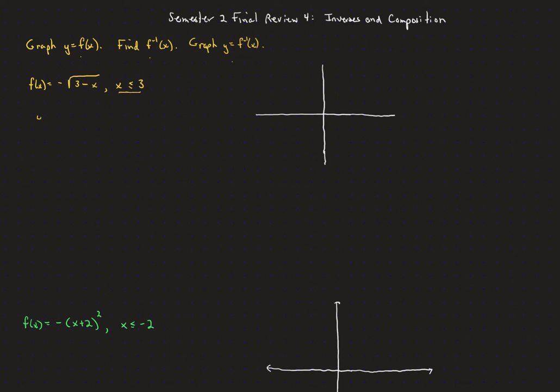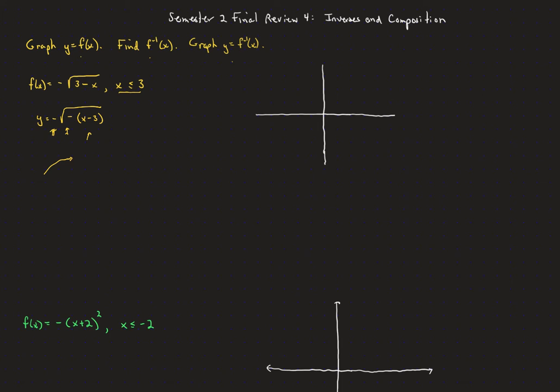To graph this, it might help to factor that negative out, still inside the radical, but out of the 3 minus x. Now we can see that we have a double reflection and a translation 3 in the x direction. A standard square root of x would go up and to the right.